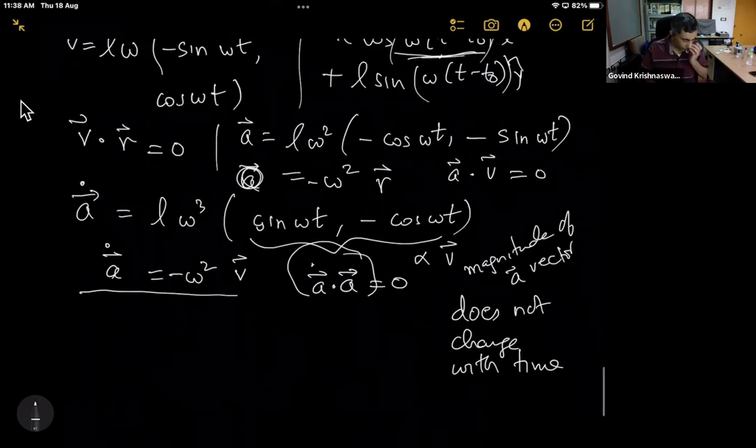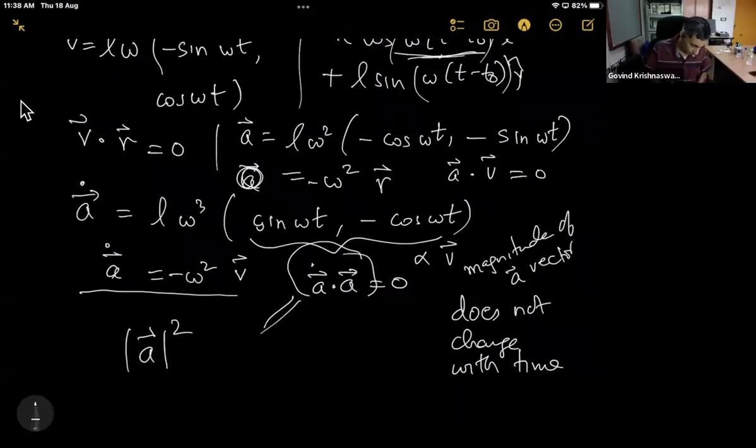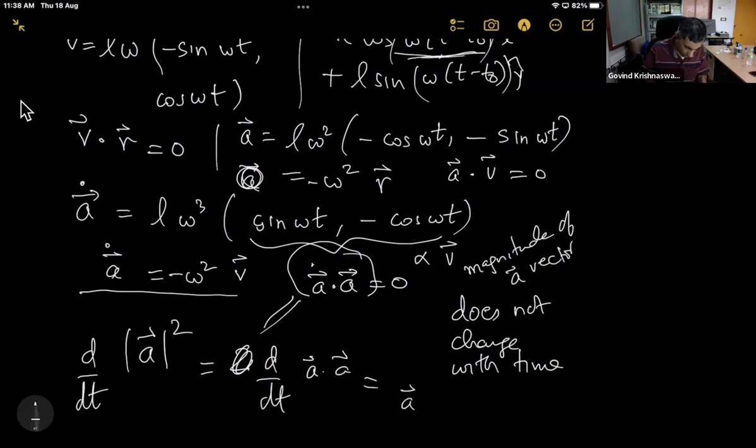In fact, since we didn't do it that way, let me also, after all, what is the statement? If I take A squared, that is the square of the magnitude of A, I want to compute its time derivative. Let me do it in 2 steps, d by dt of A dot A. So that is A dotted with A dot plus A dot dotted with A. I'm just using the Leibniz rule of differentiation, so I must differentiate both the terms.